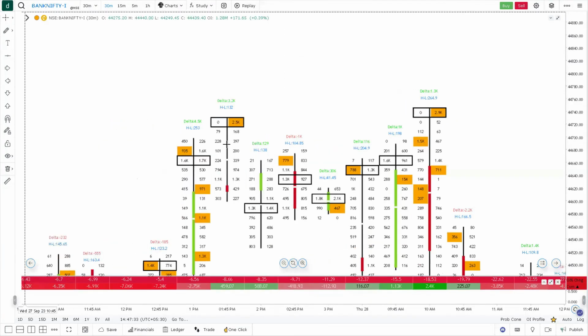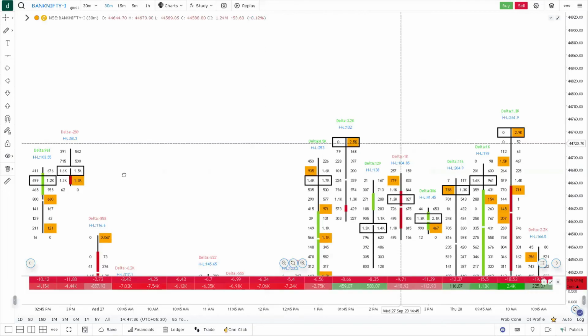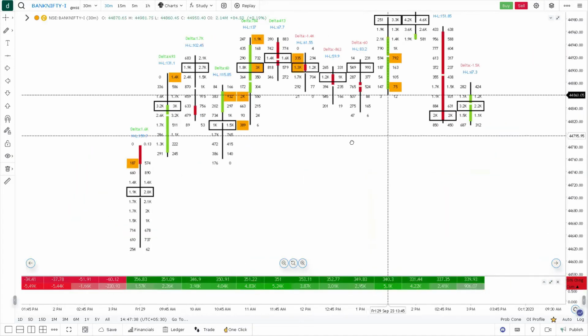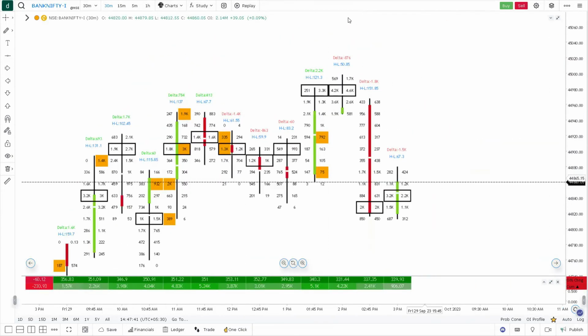Same way, volume cluster. So let's see. For tomorrow, if I have to say where the volume clusters are, look at this. This is where, at the high, people are trying to take control. Suppose the prices close above the liquidity zone, where the maximum amount of volume has come, there is a high chance the prices will make higher highs.